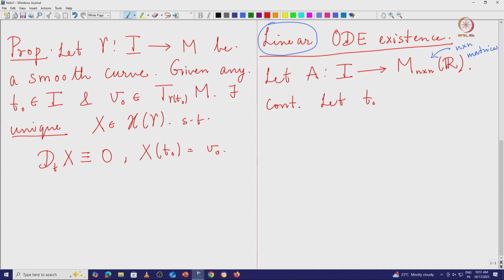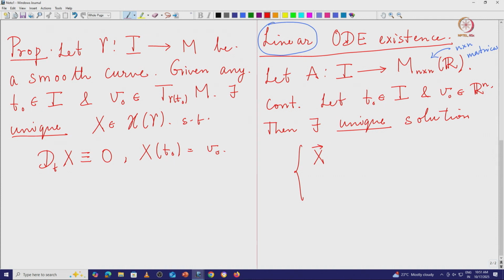Then let t naught be in I and let v naught be some vector in R^n. Then there exists a unique solution to the following system of ODEs. You take x prime of t, you want it to equal A of t times the vector x of t.